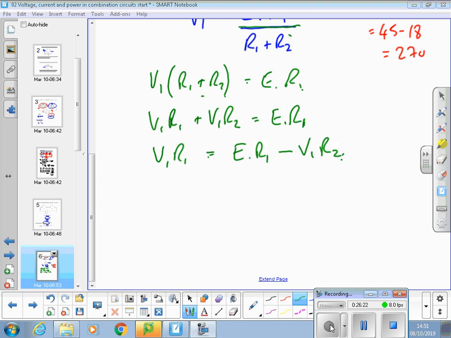Now, how can we get this R1 over to that side? But we can't divide it because it's connected to this by subtraction. There's a plus in front of that, remember?